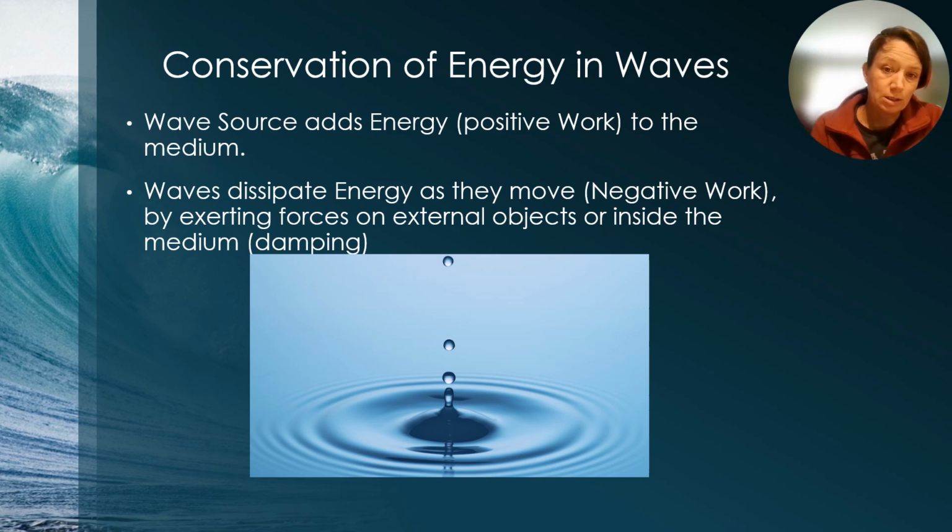They could exert forces on external objects, so we can use waves to push things. But waves also can naturally dissipate their energy by a process known as damping, which is primarily caused by internal friction or rubbing between the material molecules as the wave moves. So that wave energy negative work happens in a variety of different ways.